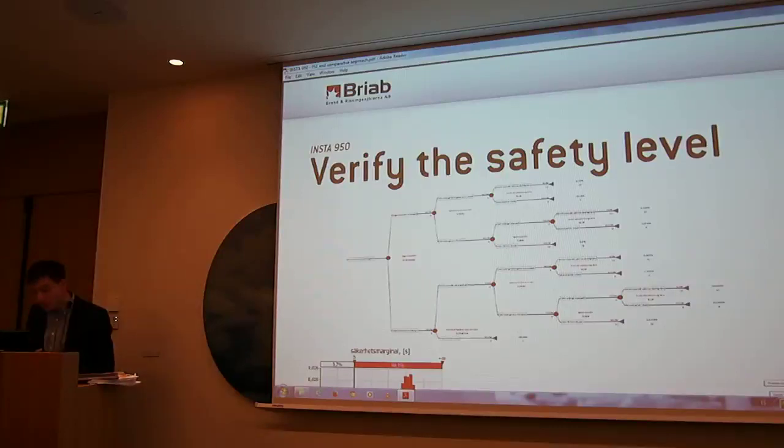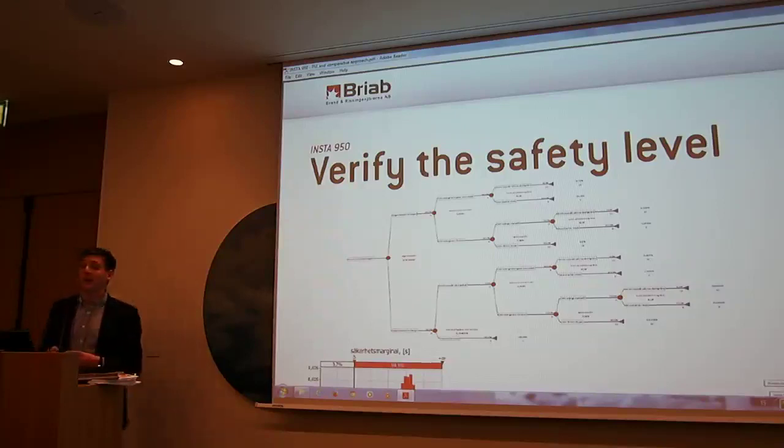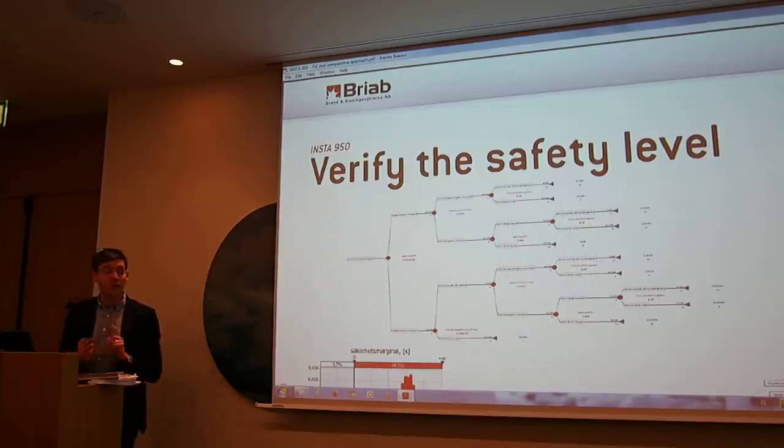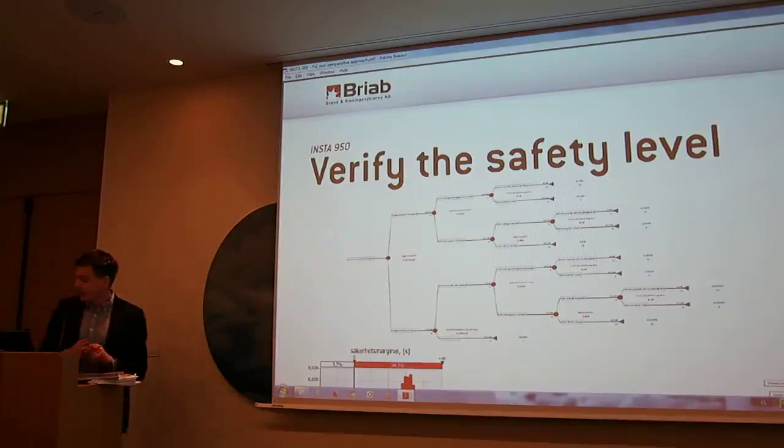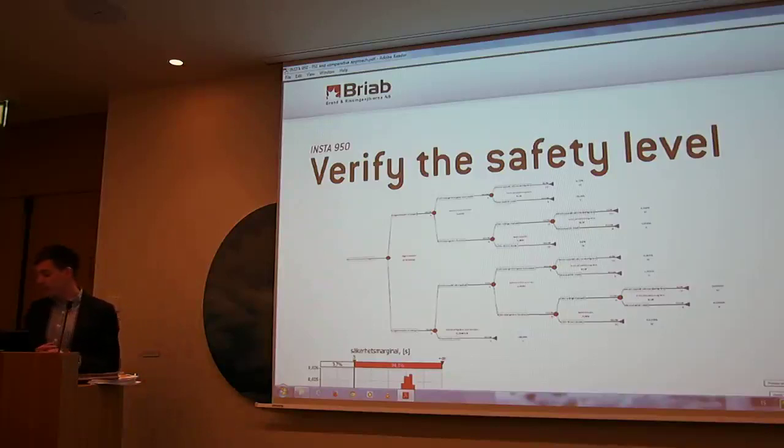In the model, we looked at the probability that a door is blocked open, the probability that the self-closing doors fail to close correctly, and the probability that the fire resistance structure wouldn't achieve the designed fire standard.